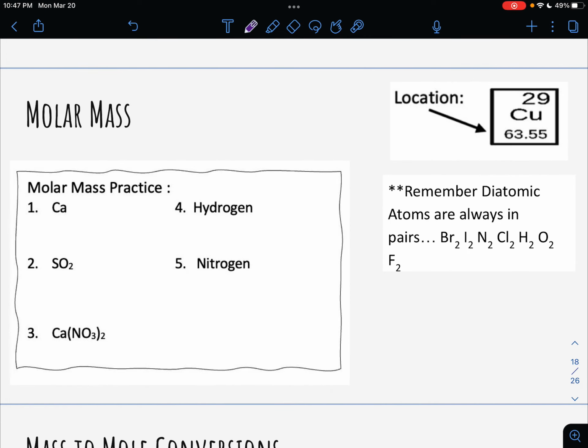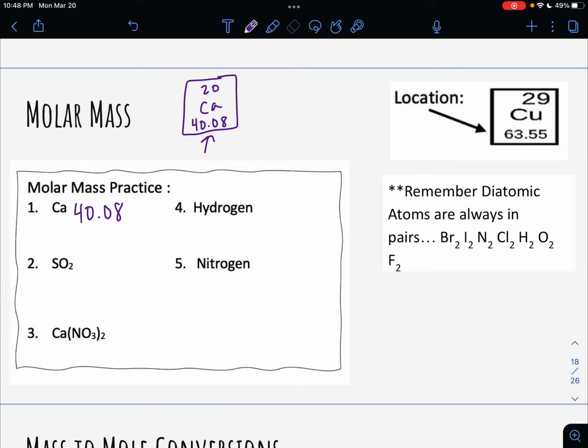If I want to know the molar mass of calcium, I'm just going to look at calcium on the periodic table. Here's calcium, and I know that the molar mass is this number down here on the bottom. So all I have to do is write 40.08.